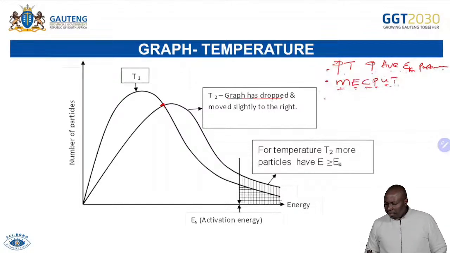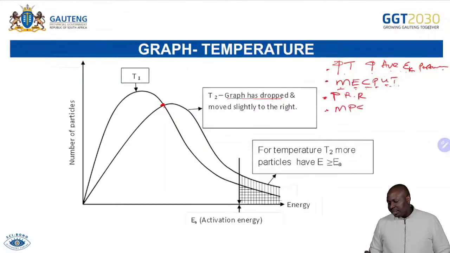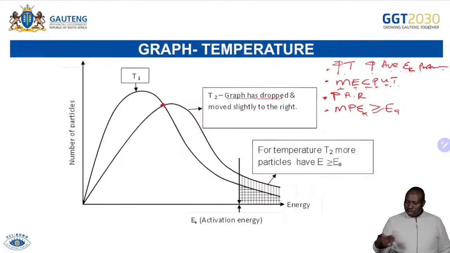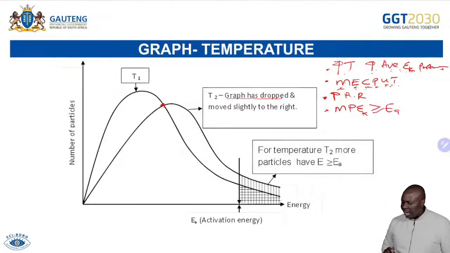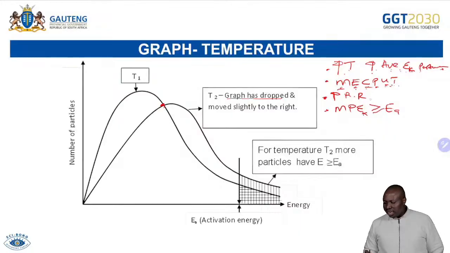And then you are able to say we're going to increase the rate of reaction. You can say we'll have more particles with kinetic energy greater than or equal to activation energy. So for those bullets, please make sure that you are able to show all of them: when we increase temperature, we increase the average kinetic energy of particles, more effective collision per unit time, and you will increase the rate of reaction.